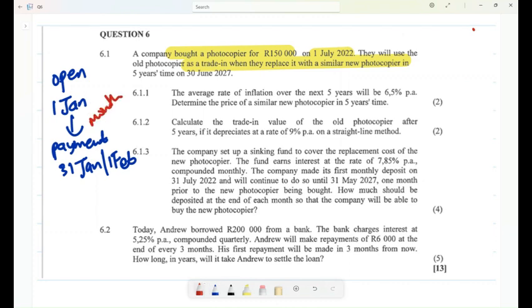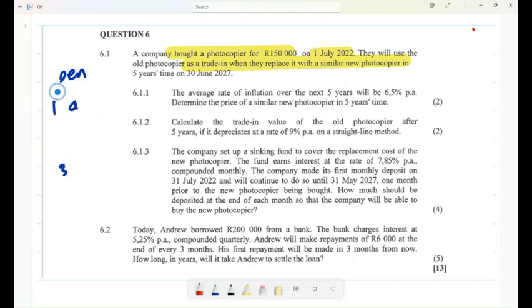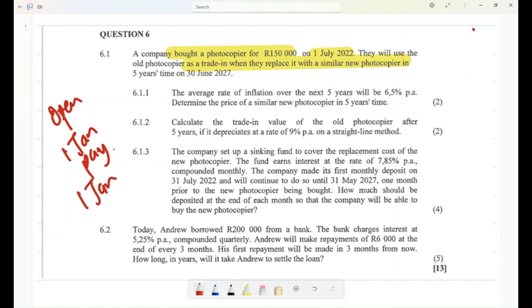All right? Yes, that is the analogy thereof. If you open it on 1 January and make payment on 1 January, on the number of months that you are supposed to actually pay, let's say you are supposed to make 60 payments, you're going to add 1 to it because you did what? Immediate payment. For immediate payment, you add 2. All right?